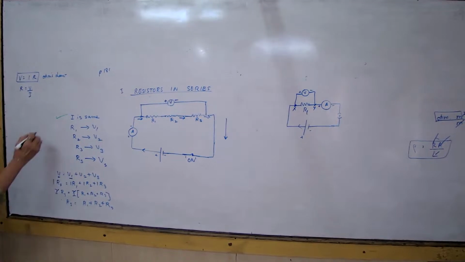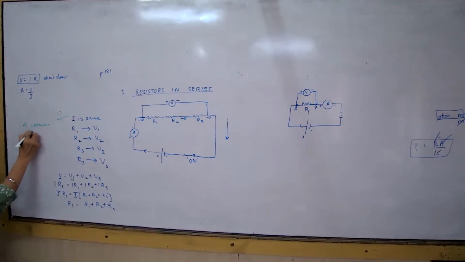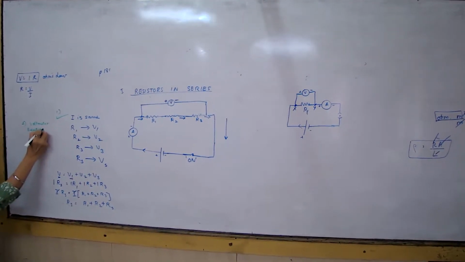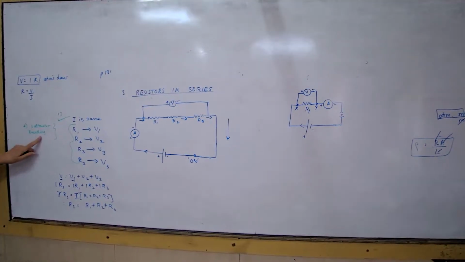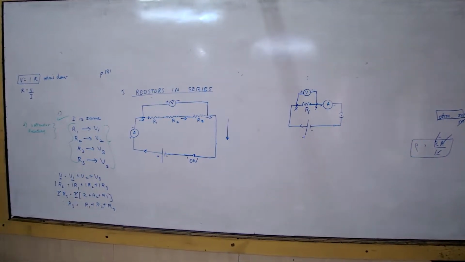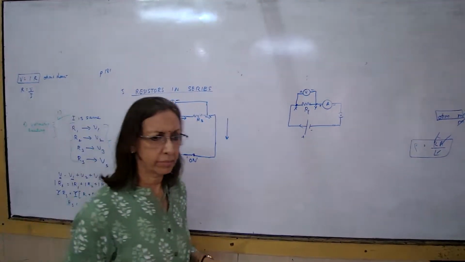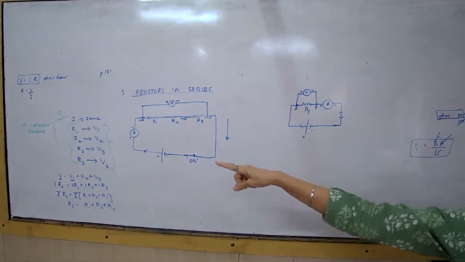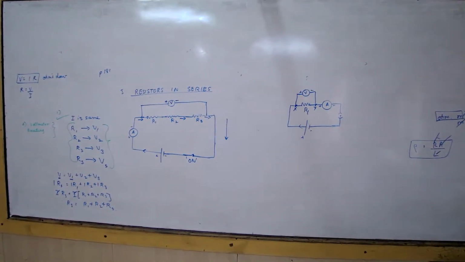Second point, you will write the voltmeter reading. For R1 it is V1, for R2 it is V2.